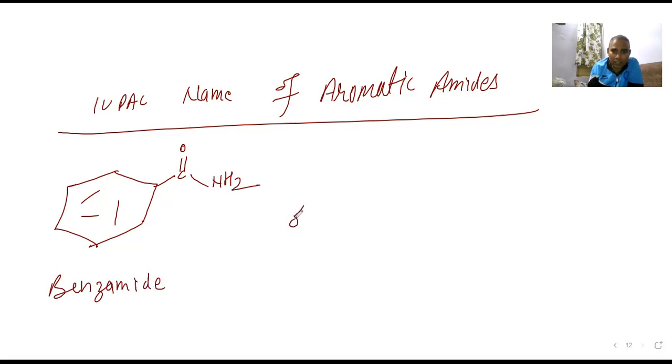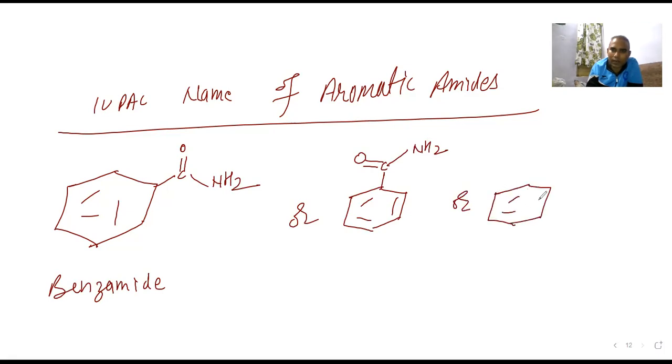You can also represent this compound this way: C double bond O here, and here NH2. That is going to be the same. One more representation of the same compound is like that. You do not need to mention the C also.